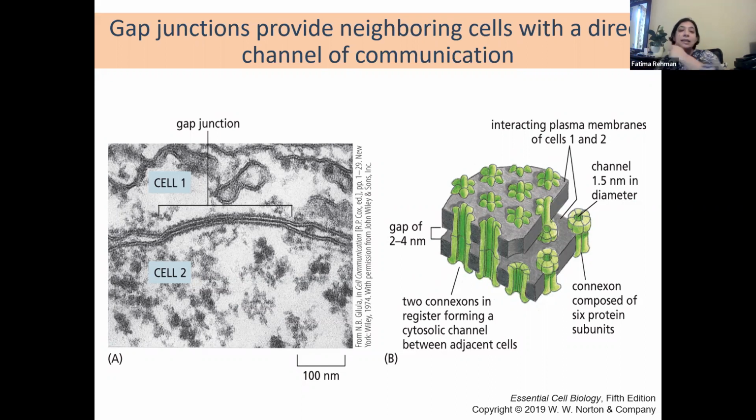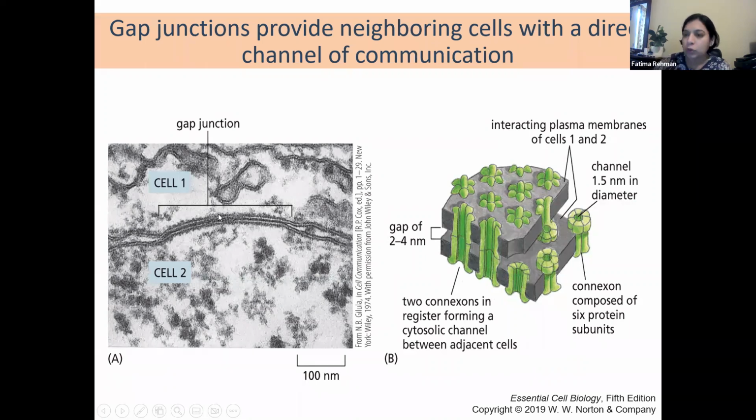However, in this case, the gap junctions provide little cores that adjacent cells can use to interact with each other through the plasma membrane. So it's a direct line of communication between two adjacent cells. Here is an example of a gap junction.